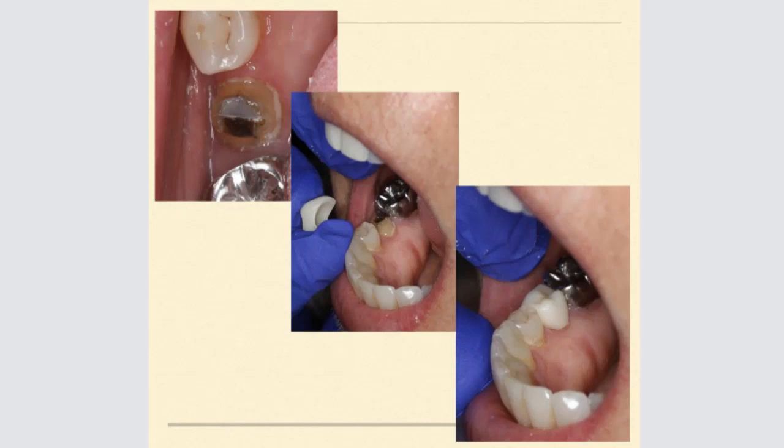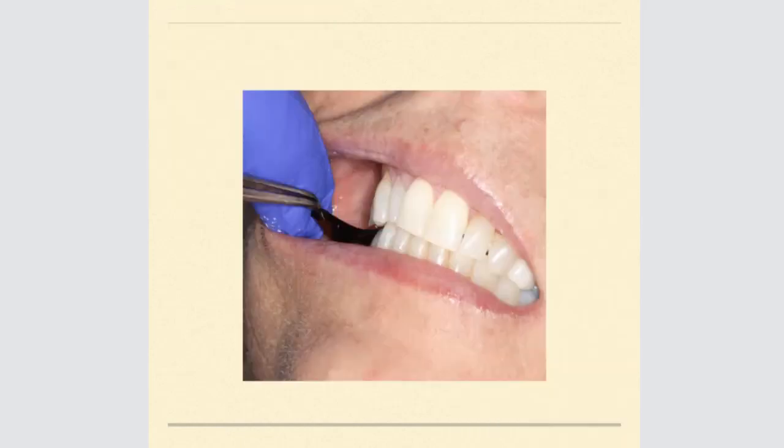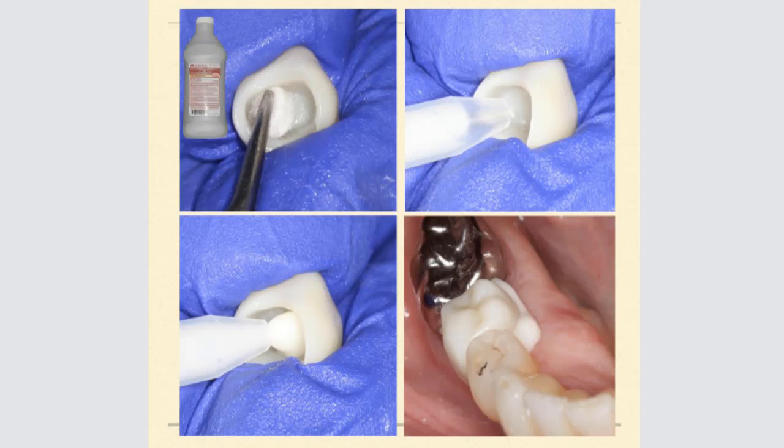We're going to be trying this on, evaluating the bite. Okay, we've got our paper there. Now we're going to clean this out. This is a lithium disilicate crown. We're going to clean this out with alcohol. We're going to put our Muron Plus in, put it over, and it's very easy.